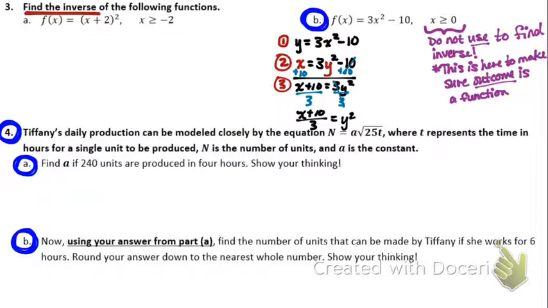Yes, now we're going to do radical over it. I'm going to take the square root of y squared. And what about the left-hand side? X plus 10. Radical goes over the whole thing, the entire fraction.